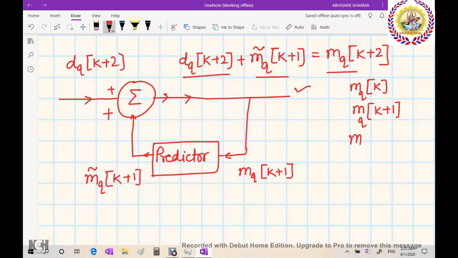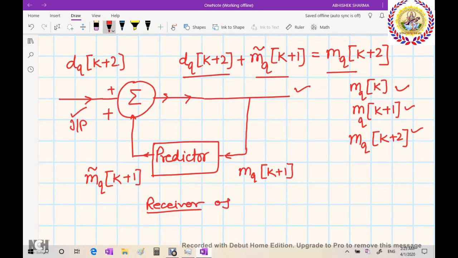So the next sample will be mq(k+2), and the work of this receiver will go on continuously as the samples come. The difference will come at the input to this receiver, and it will generate the consecutive samples.